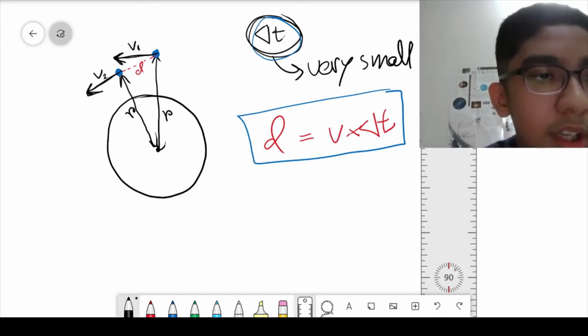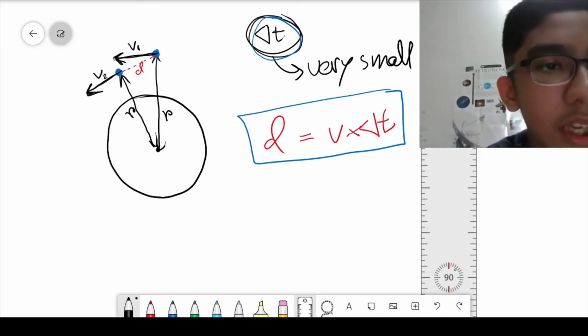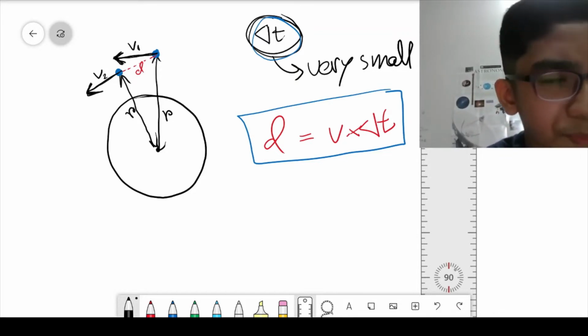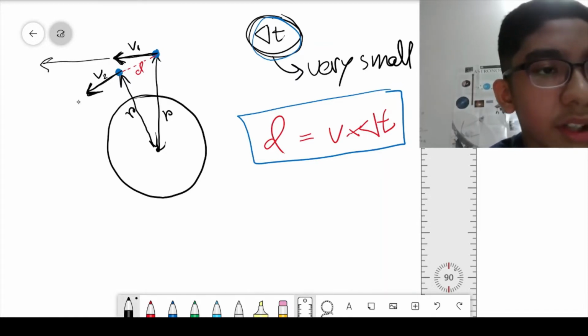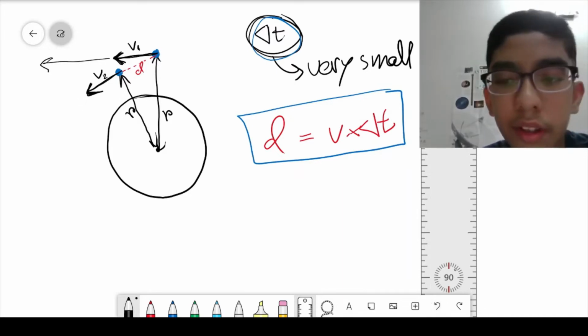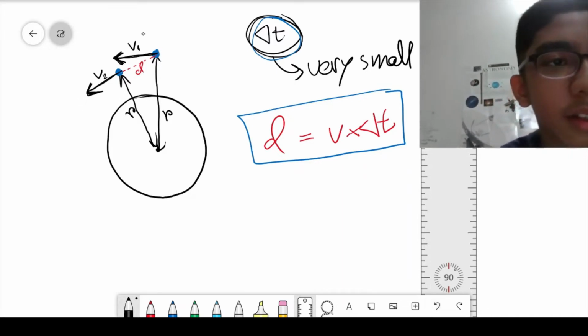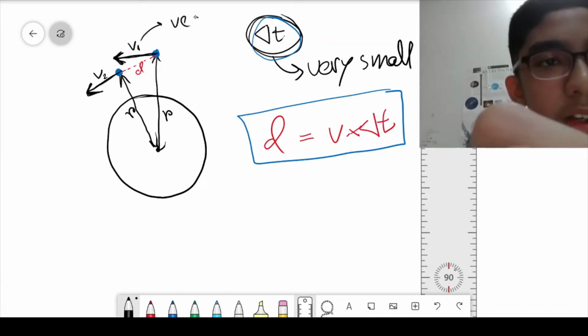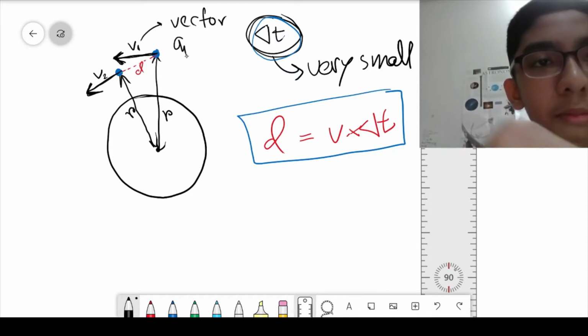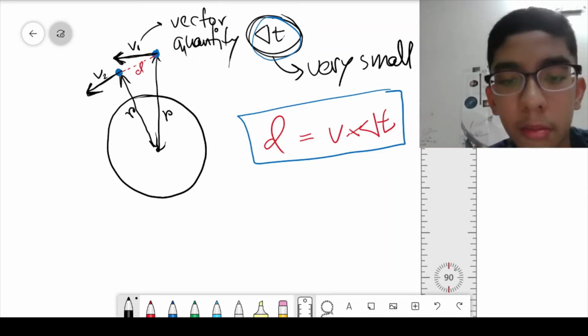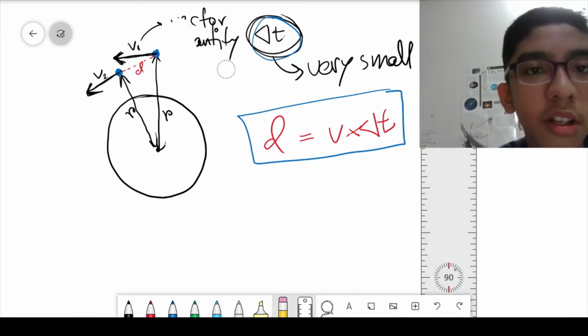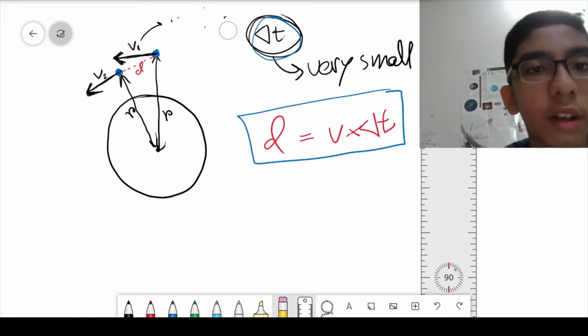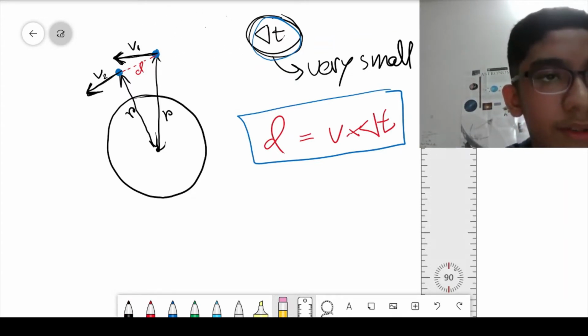What actually happens is that the direction of the velocity changes. See, here this is directed here, and this time it's directed here. As velocity is a vector quantity, the direction matters. So due to this direction, there will be a change in velocity, but the magnitude of the velocity will be the same.